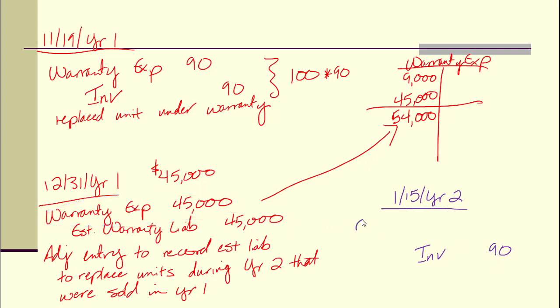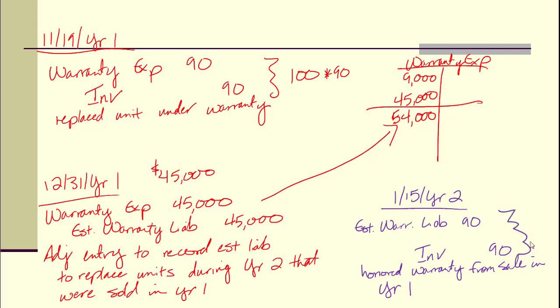What I'm going to do instead is use up or honor some of that estimated warranty liability. And this is honored warranty from sale in year one. And we assume that we will make an entry like this 500 times by the end of year two.